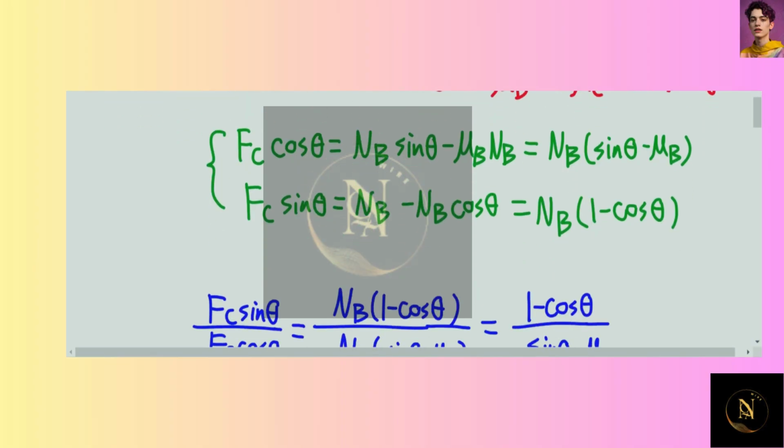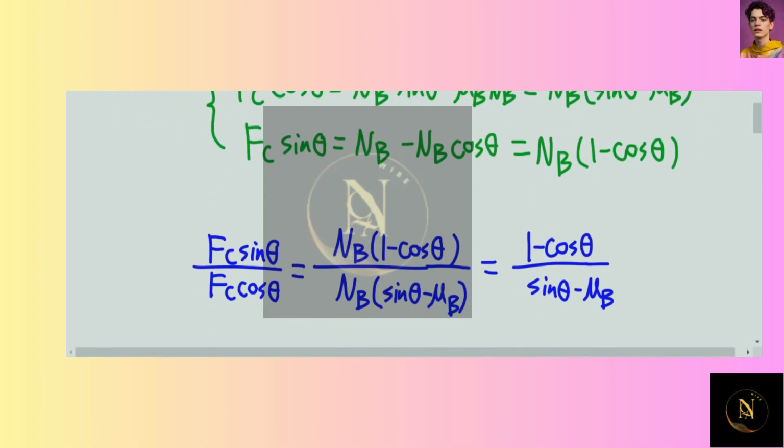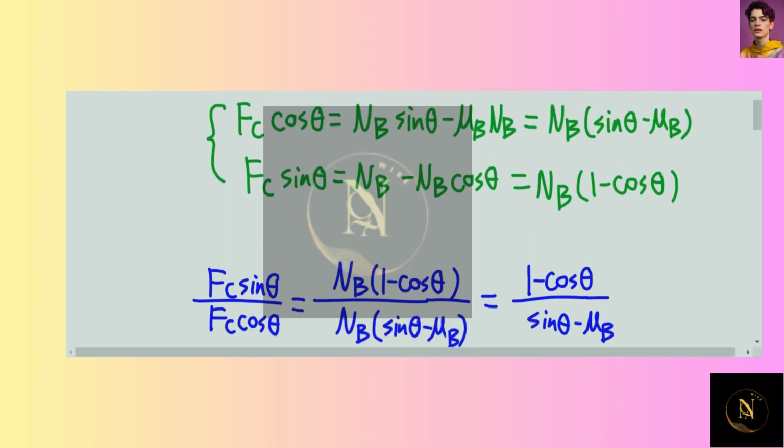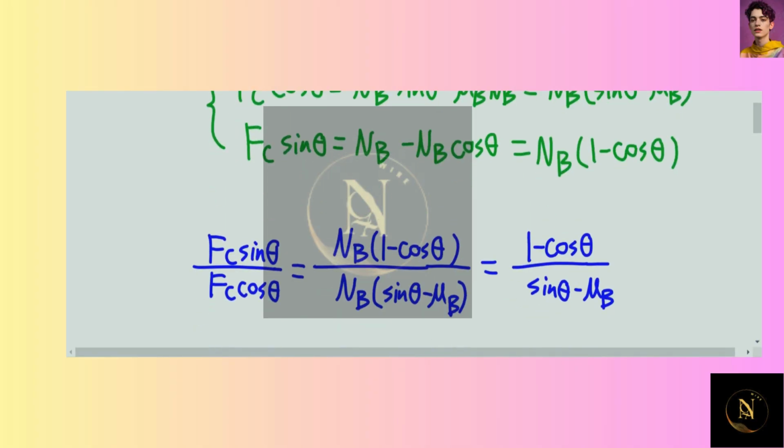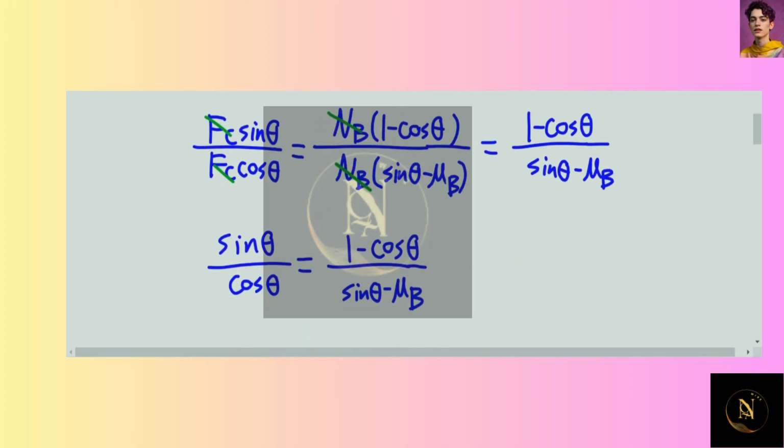Now we can set up FC sine theta over FC cosine theta, which is equal to NB times 1 minus cosine theta over NB times sine theta minus mu B, which is 1 minus cosine theta over sine theta minus mu B. As you can tell, FC and NB can be cancelled out.